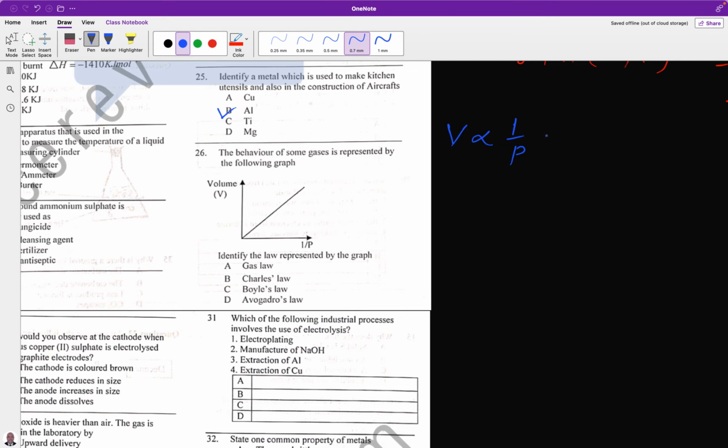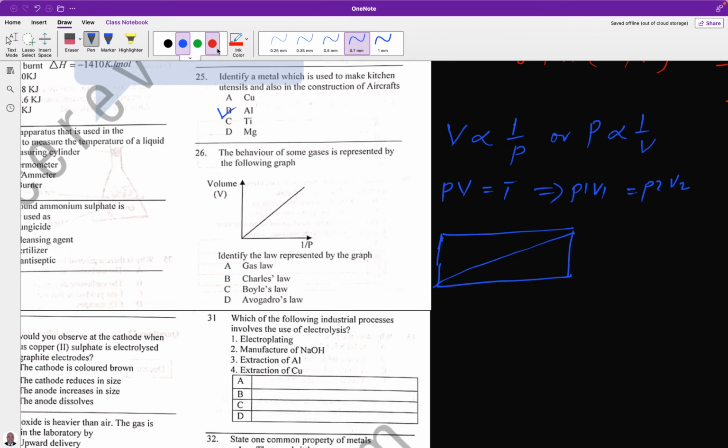So we can now say this can be written as P is inversely proportional to 1 over V. If we cross multiply, we see that PV is equal to a constant. So the initial values will be P1V1 equals P2V2.